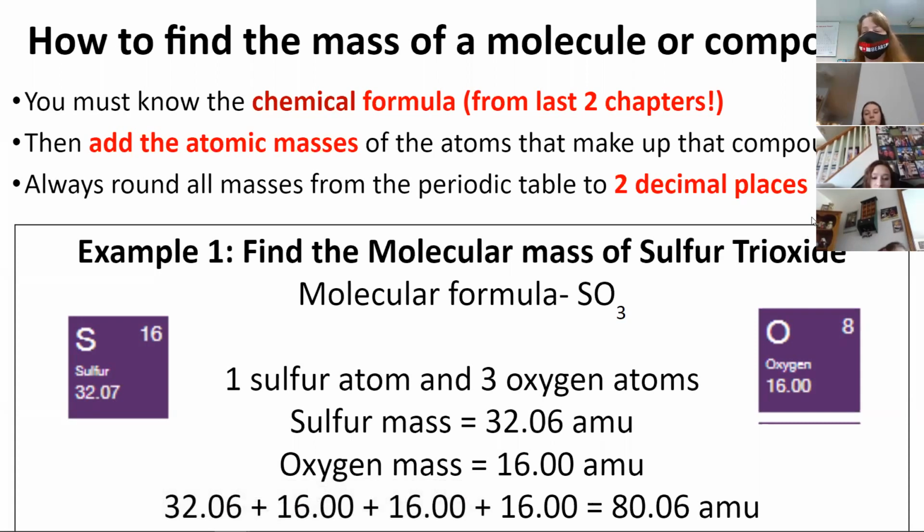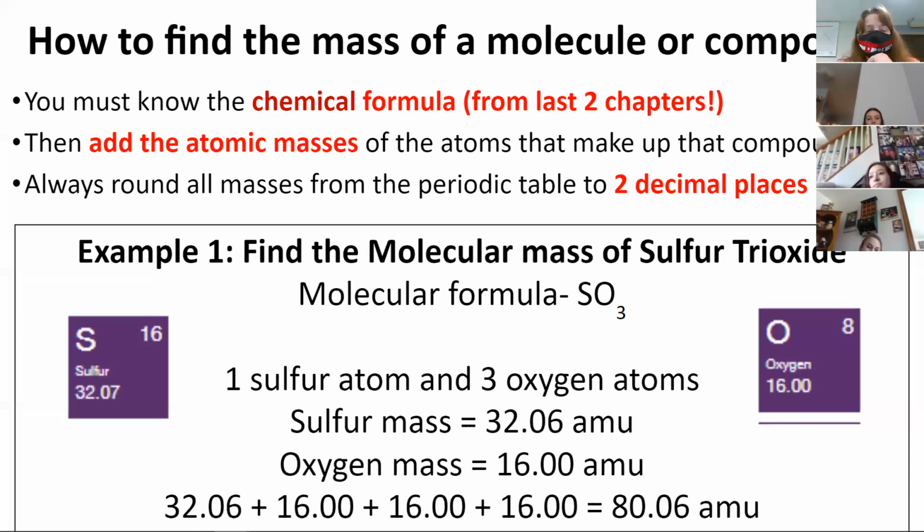So you can see there, 32.06 for the mass of sulfur, plus I put 16 3 times because there are 3 oxygens. And if you add all those up, the total mass of that compound is 80.06. The unit is at this point AMU because that's all we've talked about. That's just an atomic mass unit, meaning protons plus neutrons.